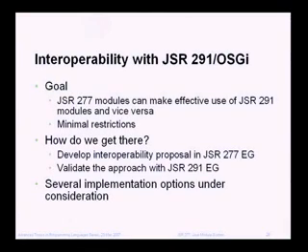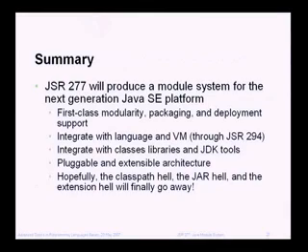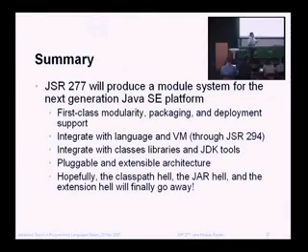So in summary, JSR 277 aims to address various problems in the Java platforms today, including packaging problem, deployment problem, modularity problem, and it will produce a module system that will address all these issues in the next generations of the Java SE platform.